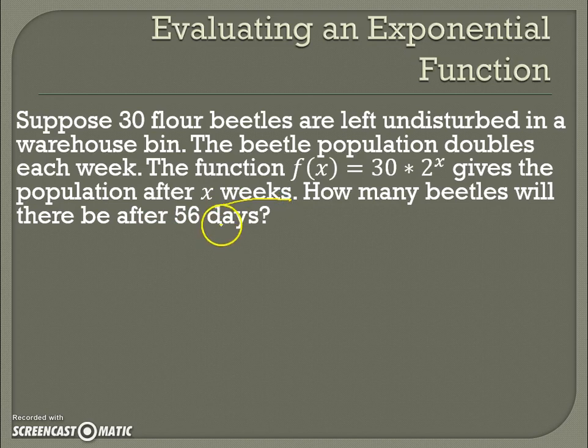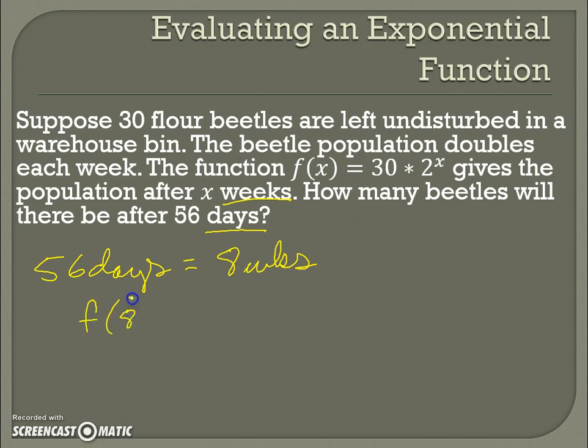So here's the part that we need to be careful with. This function is for weeks, but I have days. So 56 days is equivalent to how many weeks? We'll divide that by 7. So 56 days is 8 weeks, so I'm going to solve my function for 8. So 30 times 2 to the 8th.